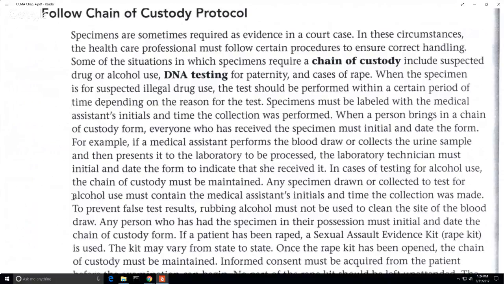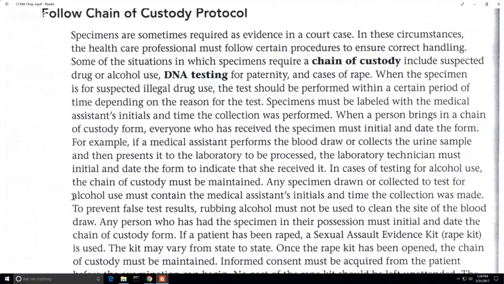So we never use rubbing alcohol for cleaning the site in cases like where we have an alcohol test, okay? Any person who has had the specimen in their possession must initial and date the chain of custody form.